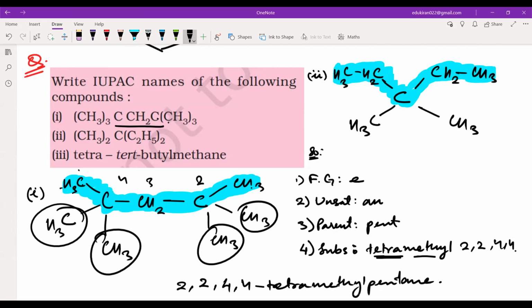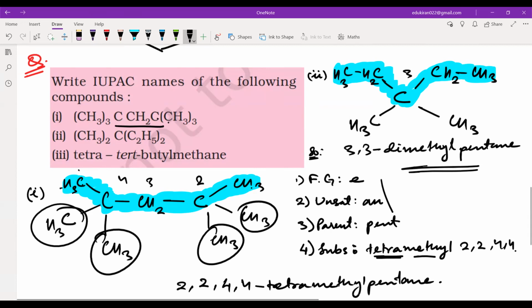Now for this, these things will be the same. We have 5 carbons, that is pentane, and we have the third carbon, so 3, 3-dimethylpentane. It is 3, 3, right, Samira, Ishma? Yes, sir.